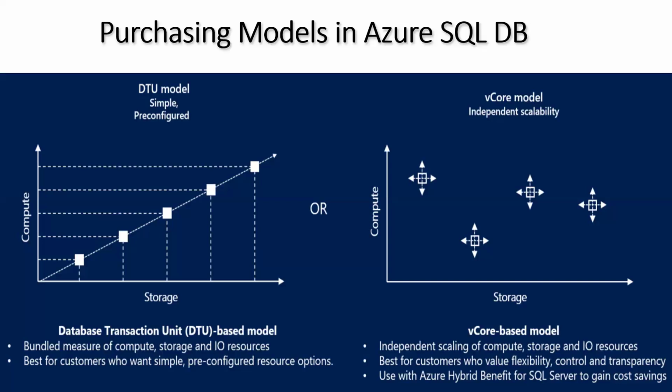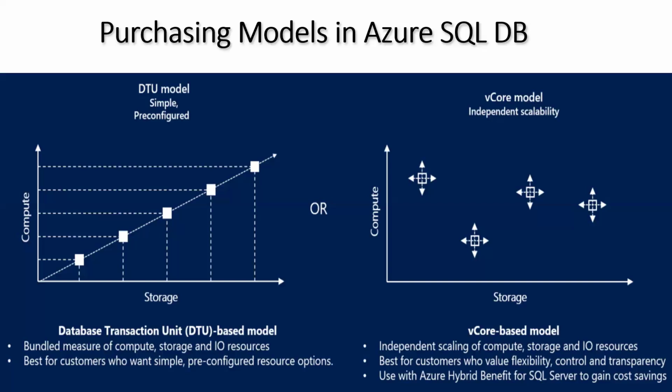So what is the difference between DTU and vCore model? DTU is the Database Transaction Unit where we don't have flexibility to control compute and storage resources. So this is best for the users who want to develop their database newly with simple and pre-configured options.